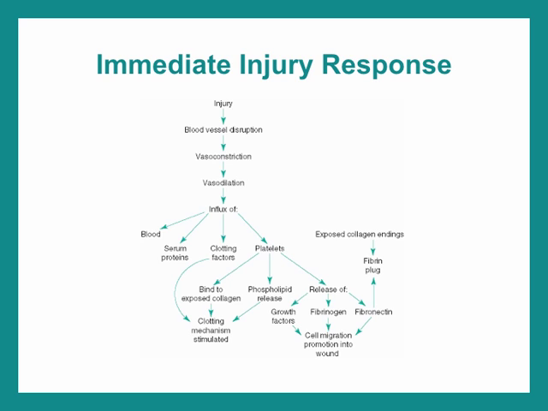If we follow one of these branches down, platelets come in and they cause a chemotaxis effect, which means they're going to cause a release of growth factors and fibrinogen and fibronectin. And if we follow one of these branches down to growth factors, which is a protein release, then we have more cell migration into the wound.